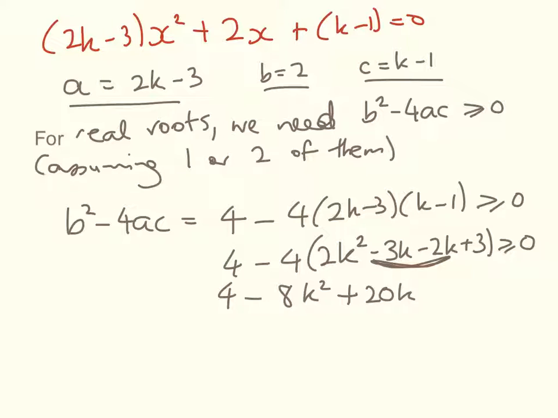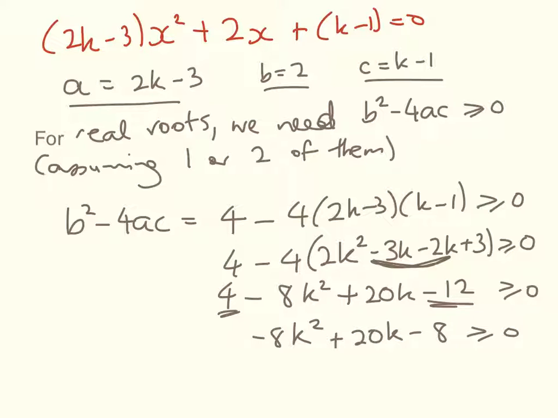If you need to do that in 2 lines, that's vastly preferable to just getting it wrong. And then we've got minus 12. One last bit of collecting up like terms, we just need to clean up the constant. And we're going to write it now in the standard order. So negative 8k squared plus 20k, 4 minus 12 gives me negative 8.